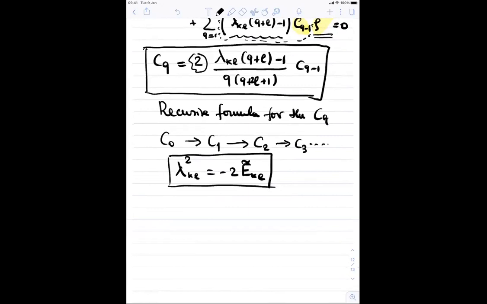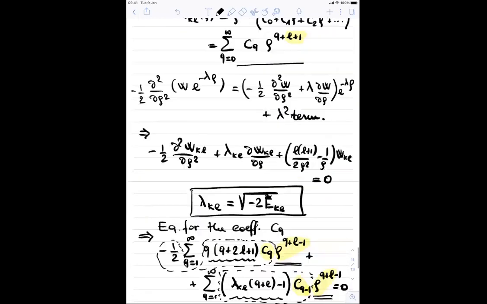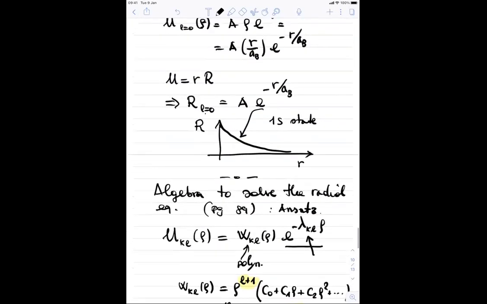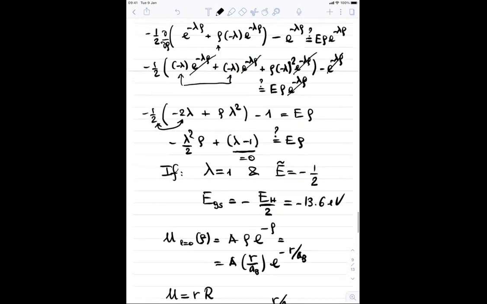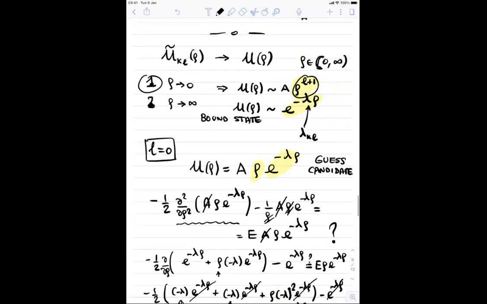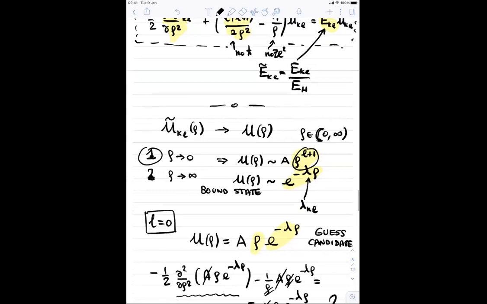No. It is only clear if you do the algebra. If you don't do the algebra, you will not catch it. Okay? It is, in fact, strongly related to this point here.